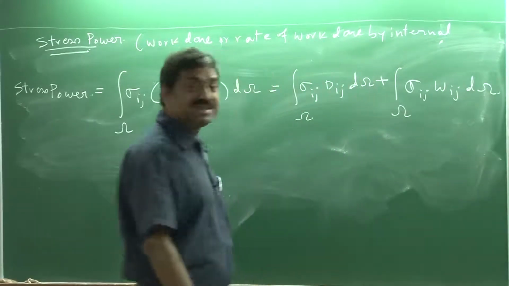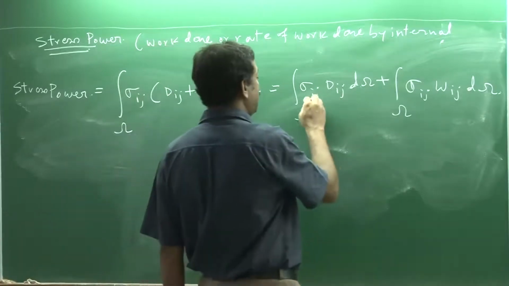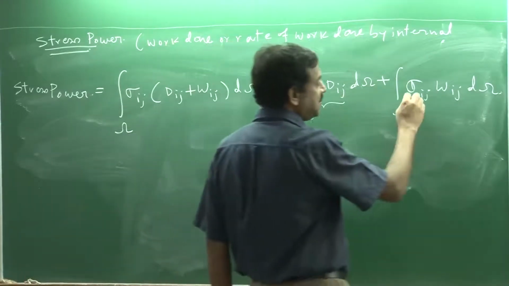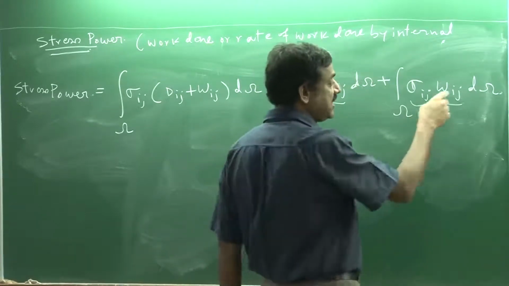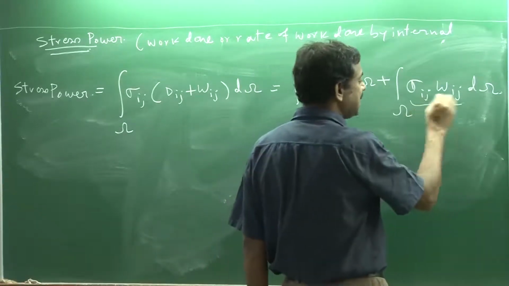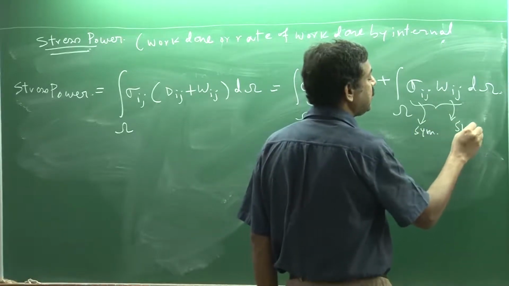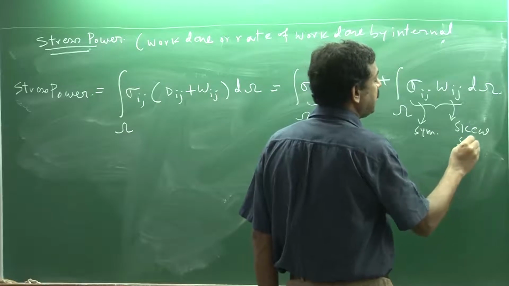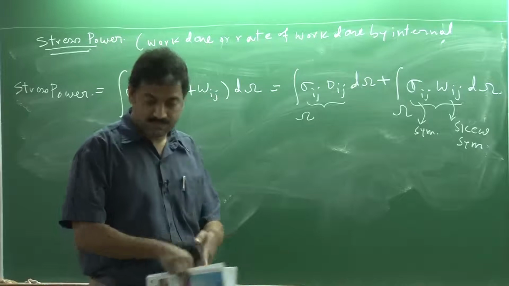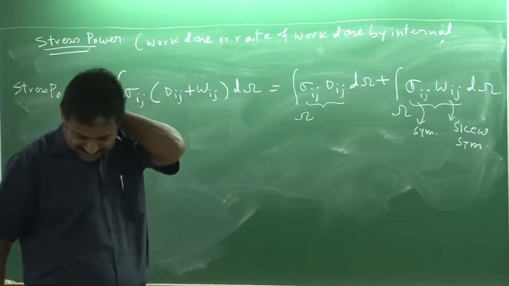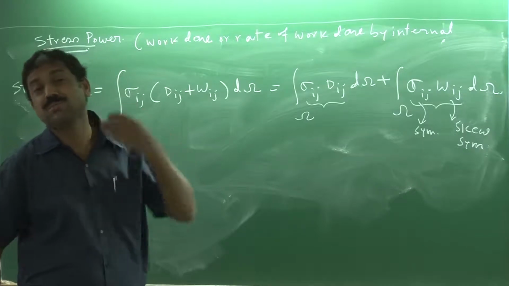Now, you see that D_ij is symmetric, sigma_ij is symmetric, and the product must be a scalar product. But sigma_ij is symmetric and the spin tensor is skew symmetric. So, when you take the product of a symmetric and a skew symmetric tensor, that product will be 0, right.